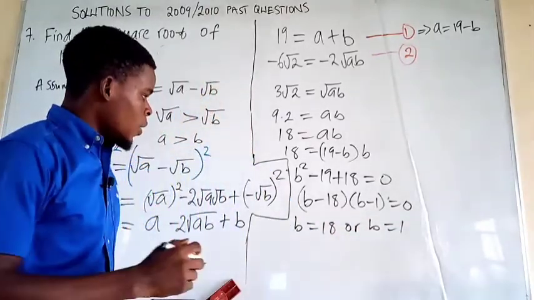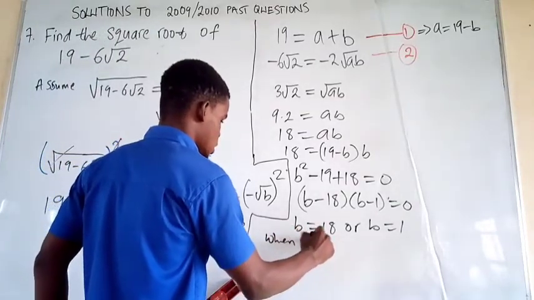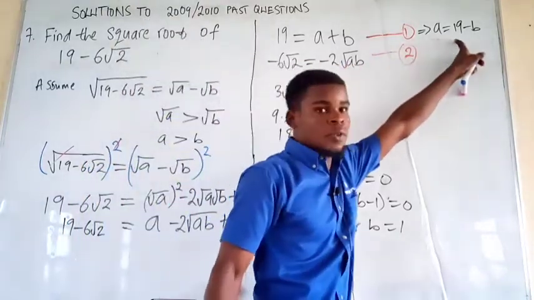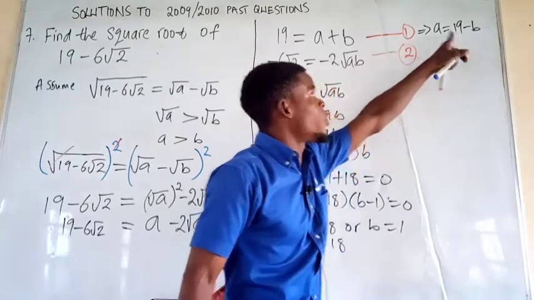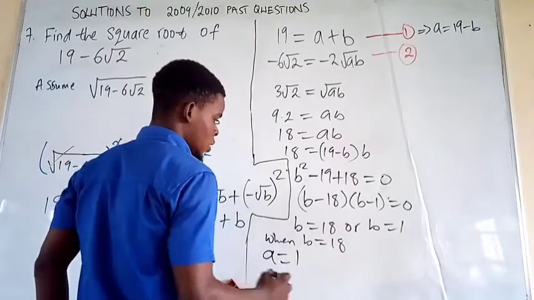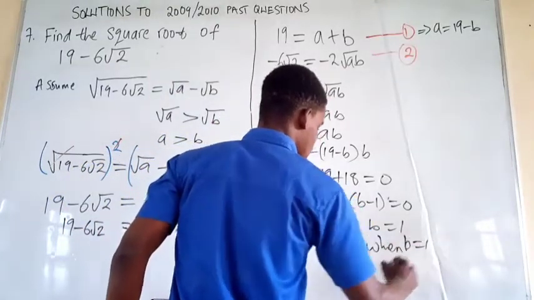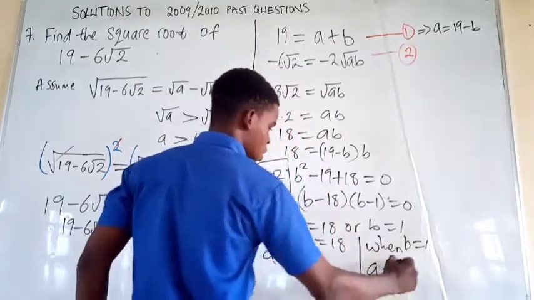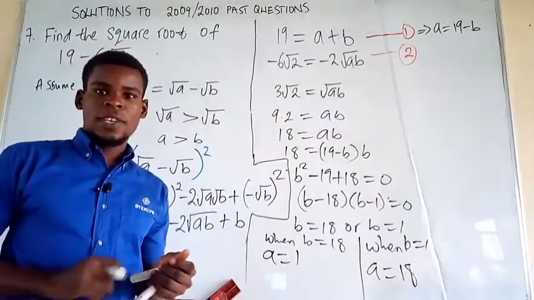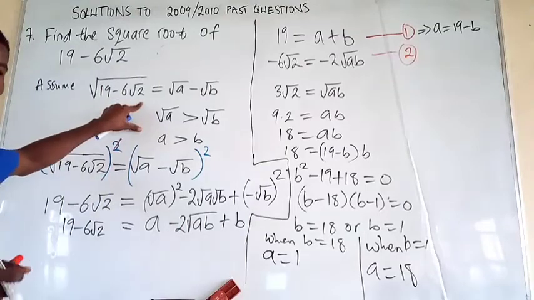So when b is equal to 18, what will we have as our a? From equation 1, we see that a will become 19 minus b, so a will become 19 minus 18, which is 1. And again, when b is 1, a will become 19 minus b, which is just 18. So we've successfully solved for the values of a and b. Now we are going to apply this fact.